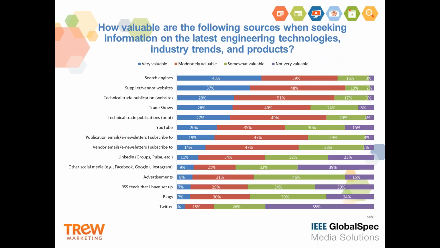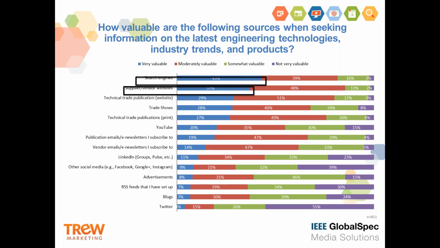So looking at the blue bars representing very valuable ratings, that's how these content types to the left are sorted. They're sorted by the blue bar, which is very valuable. The most valuable one, 43% of respondents rated search engines as very valuable. And it's interesting, there's more discrepancy here than the content types.